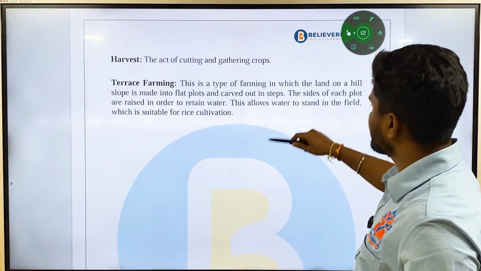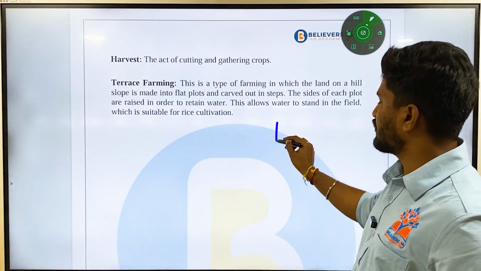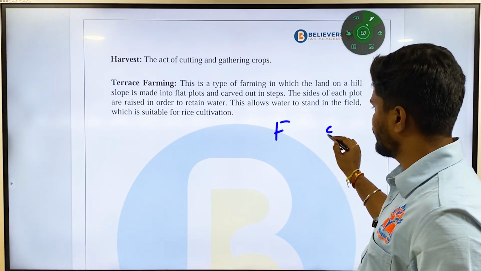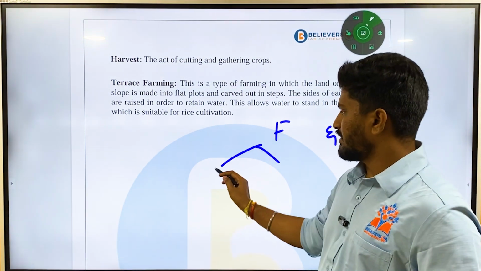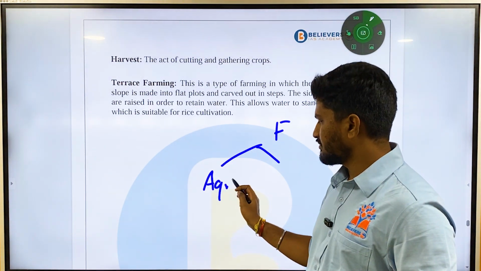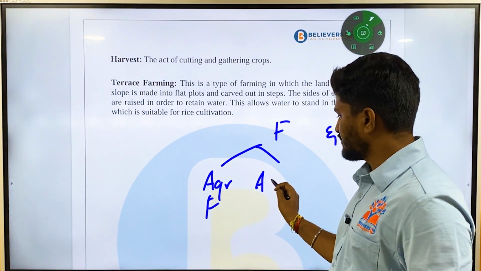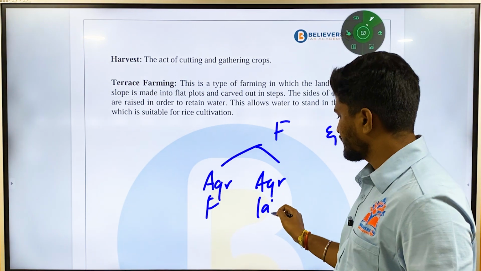Mainly, the summary of this chapter is that livelihood in rural areas mainly revolves around farming and non-farming. In farming, mainly agricultural farmers or agricultural laborers.